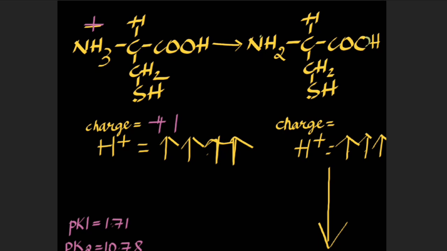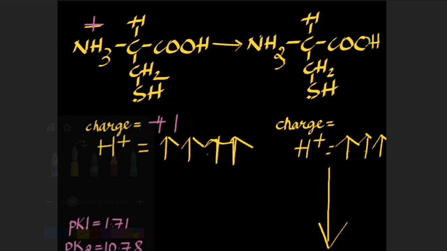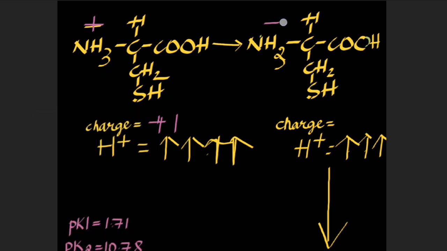Now, this was already NH3, and it had gained a positive charge, right? When the solution was very acidic, the amino group of the amino acid gained a positive charge. But when the hydrogen ion concentration decreases and the solution becomes less acidic, and it reaches a particular pH of 1.70, the pK1 value will be seen. How?